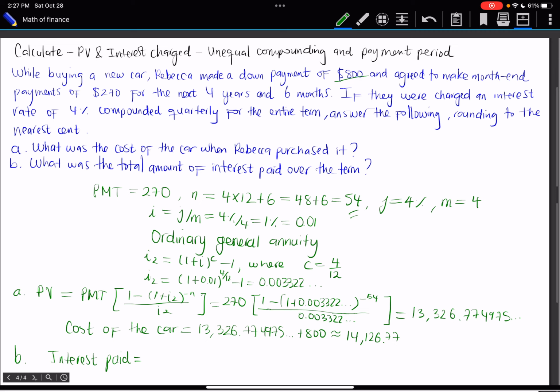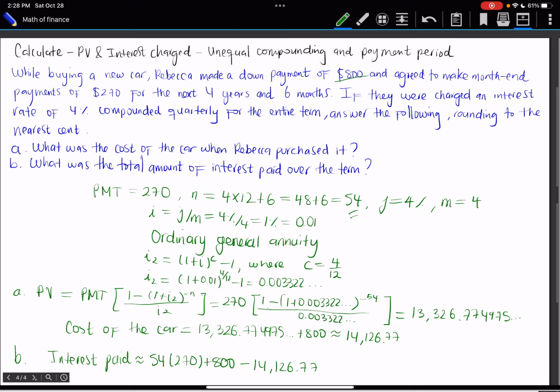So there is 54 times $270 plus 800, minus the cost of the car. So that's minus 14,126.77, approximately.